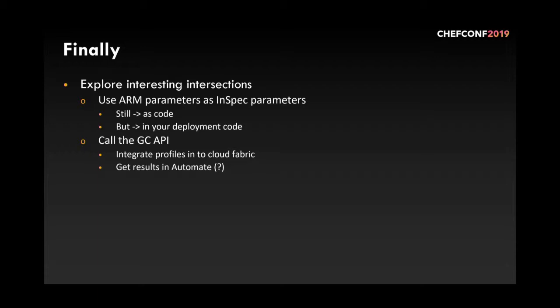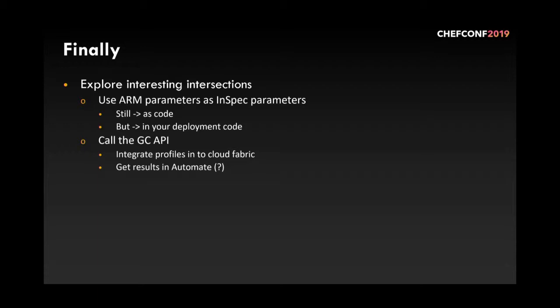So if you wanted a different set of values based on an assignment going to a test subscription versus a prod subscription, you can literally make that part of deploying your assignments as code, as opposed to having to maintain separate attribute files for each of those environments.